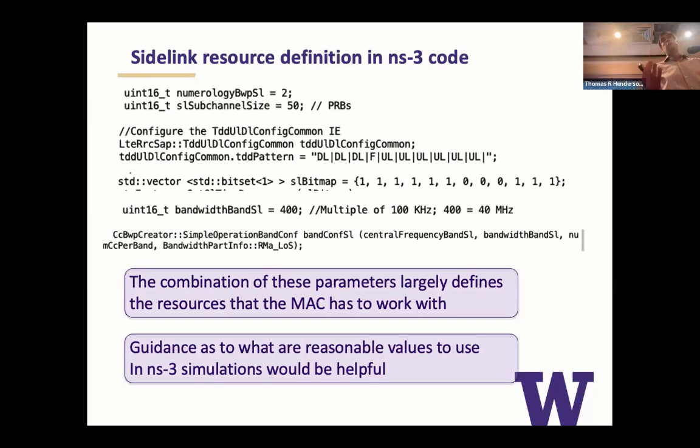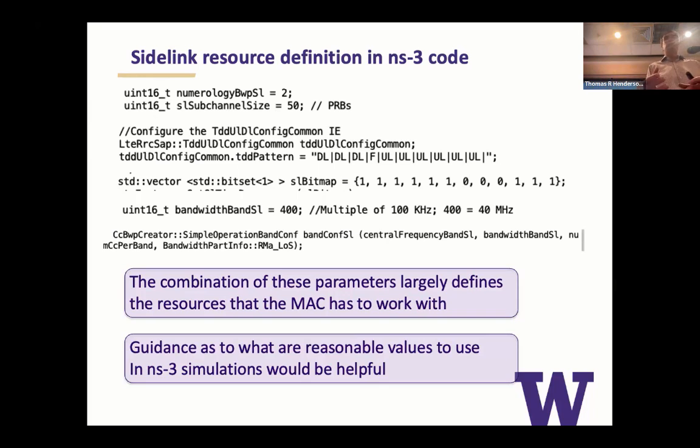And I guess one of the comments that I have in working with this code is that it would be helpful if we had some guidance as to what are the reasonable values to use in the NS3 simulation. Because if you think about what we're doing here, we're going to be looking at, for instance, latency performance, and the latency performance is going to be dictated by how many resources are available.